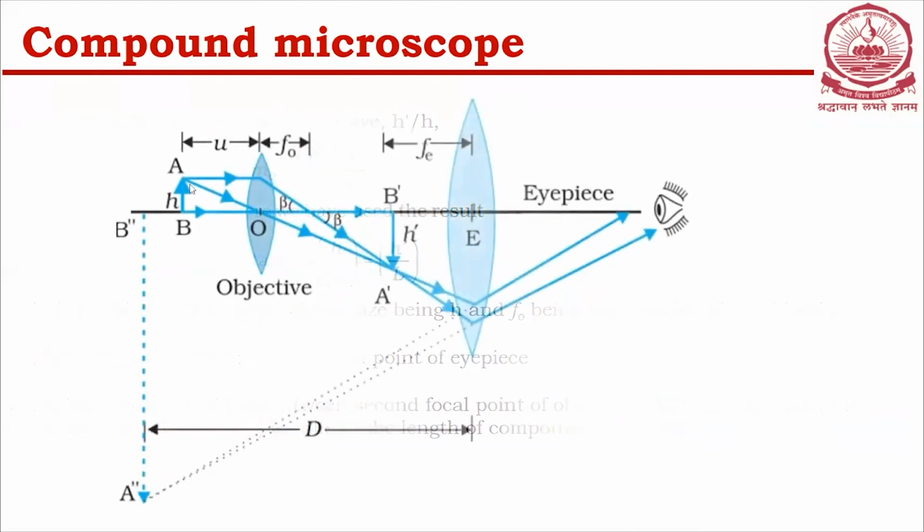So h is the height of the object. This point is also h, and this is beta. So tan beta is equal to h by f naught.